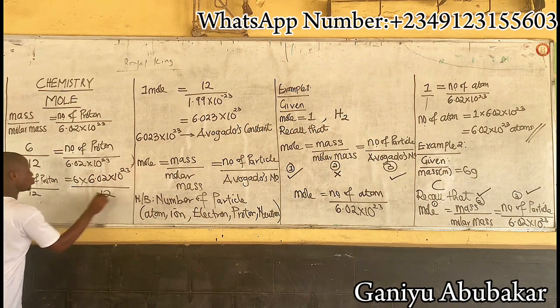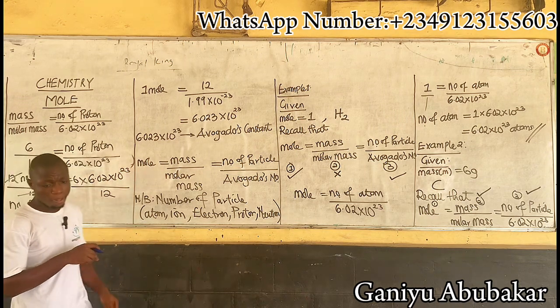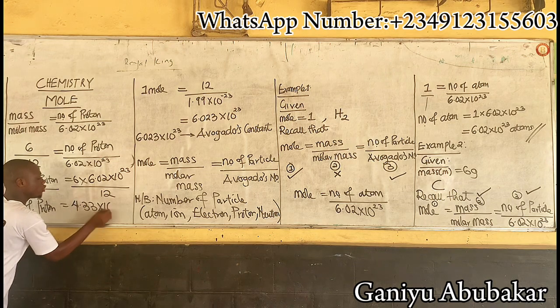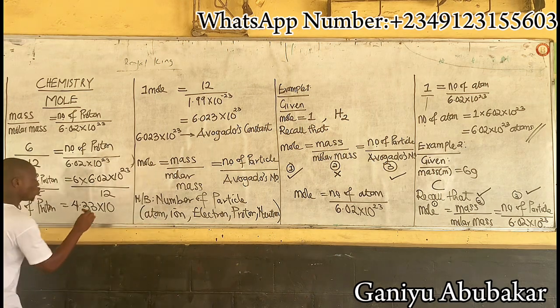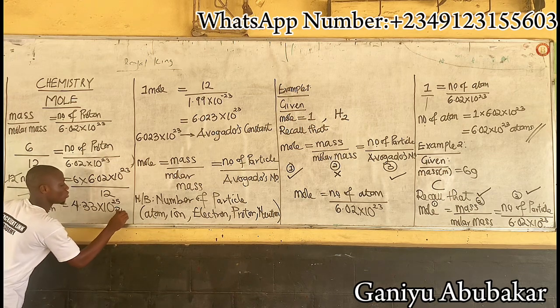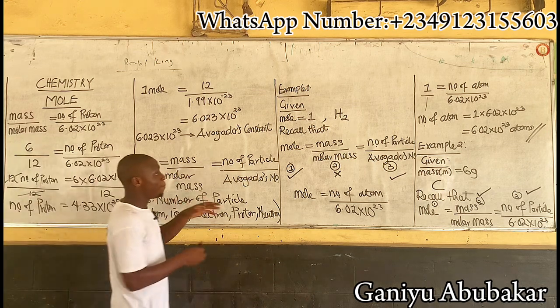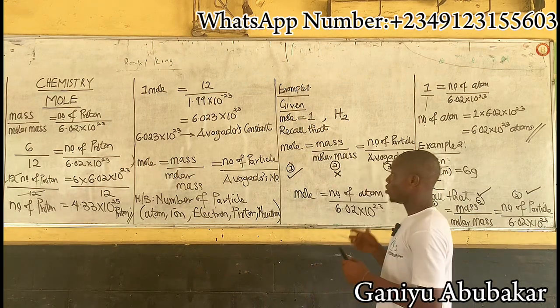So number of protons will be equal to, if I multiply this and divide by 12, about 4.33 times 10 to the power 25 protons. This is how you solve this particular problem, as you can see in front of you.